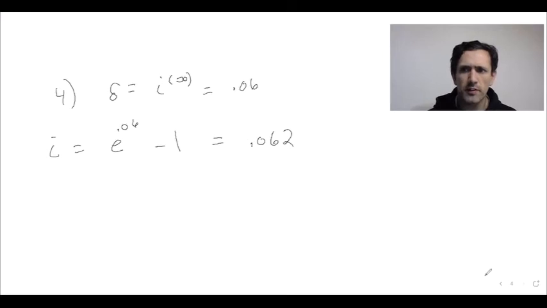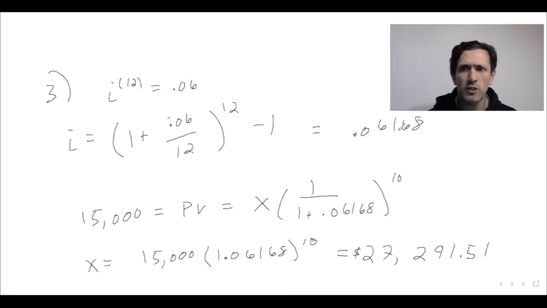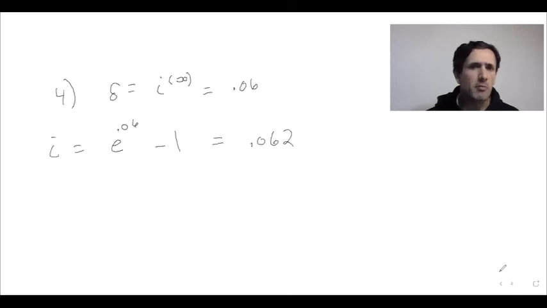0.062, which is very close to 0.06168, as it should be, because as I said, it doesn't matter all that much how often you compound nominal interest. You should roughly get the same answer, particularly for the equivalent effective annual interest rate.